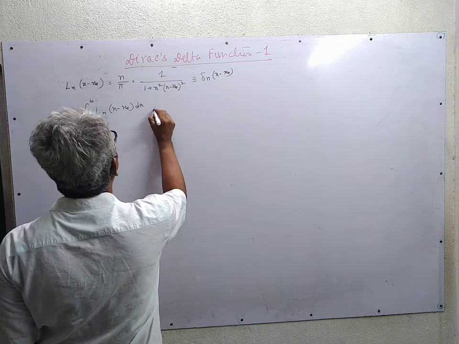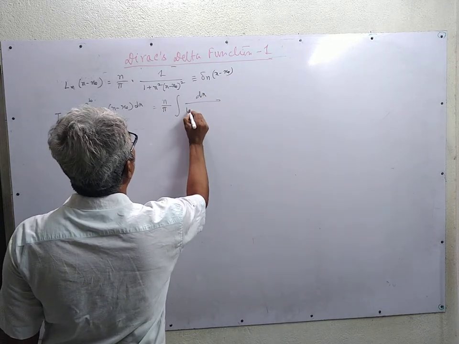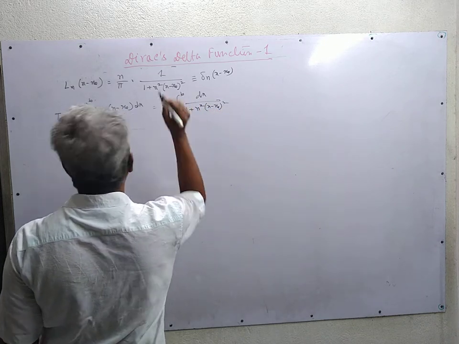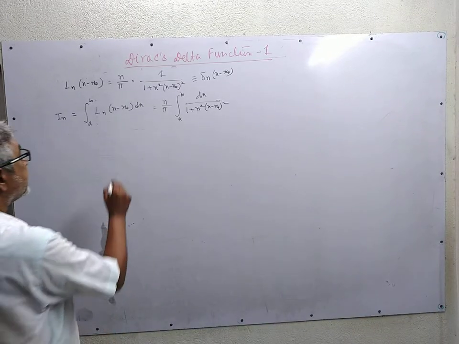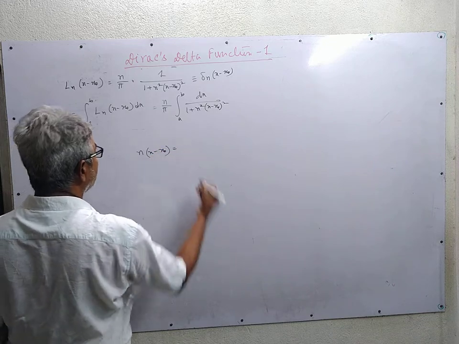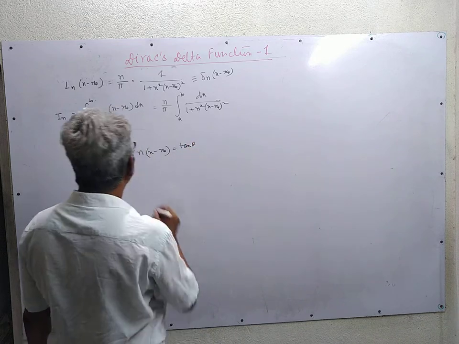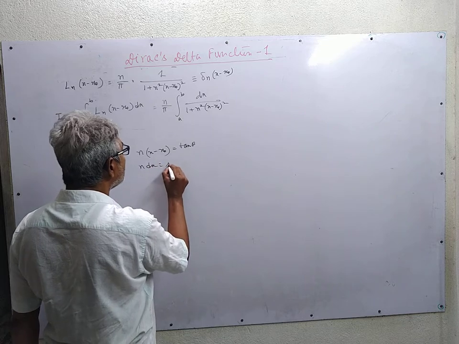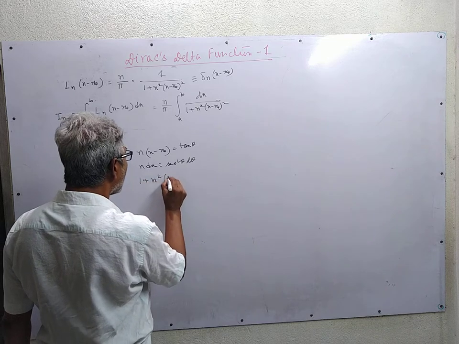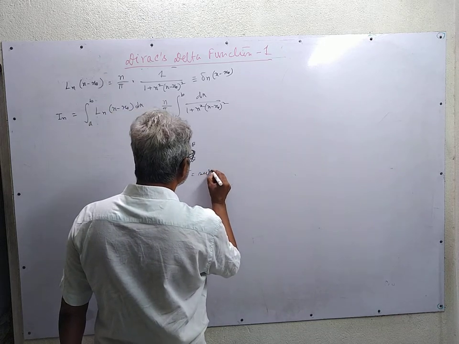This is n upon pi integration dx upon 1 plus n square (x minus x0) square, integrated from a to b. We make a substitution that n(x minus x0) is equal to tan theta, so that n dx is equal to sec square theta d theta, and the denominator 1 plus n square (x minus x0) square is equal to sec square theta.